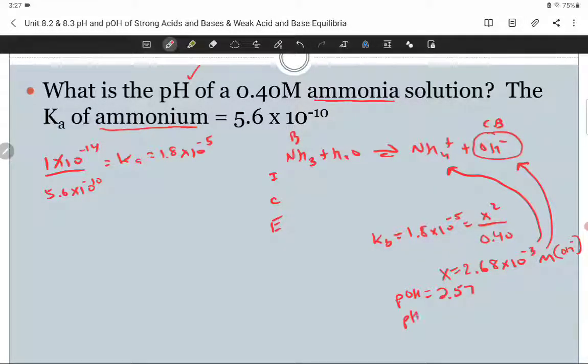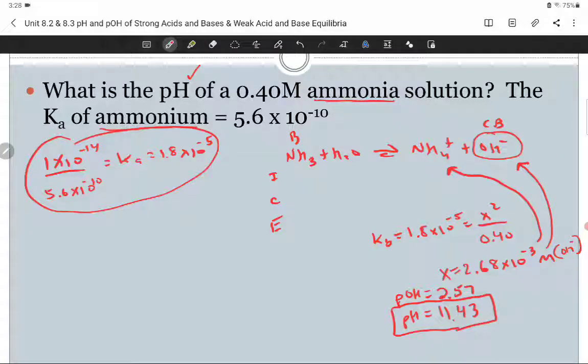And then pH would be 14 minus that. So what's the trick on this one? You have to remember to turn a Ka into a Kb because it's a basic reaction, not an acidic reaction.